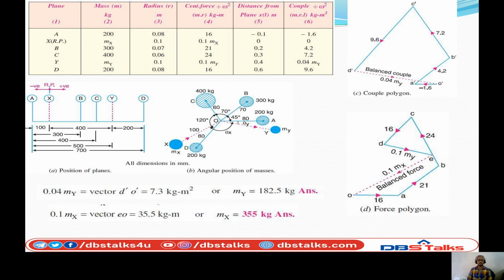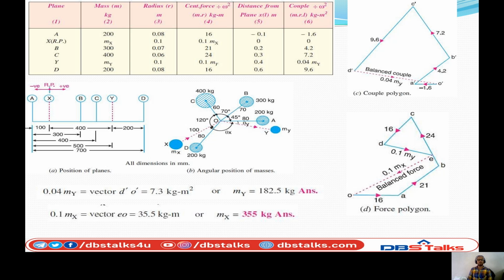So A is at a distance of 100 mm in the negative direction. So from X, A is placed at 100 mm, but we are going to represent all the values in meters. So convert 100 mm to meters. That is 0.1. The negative sign means to the left of the reference plane.